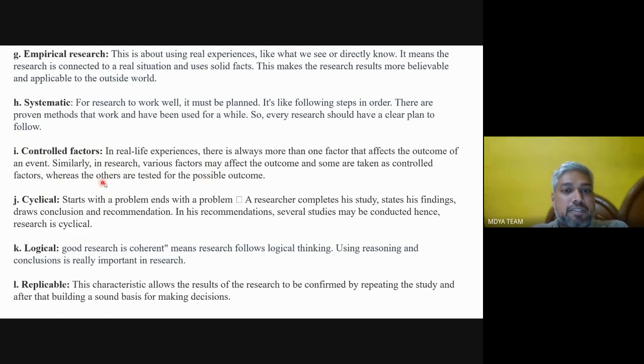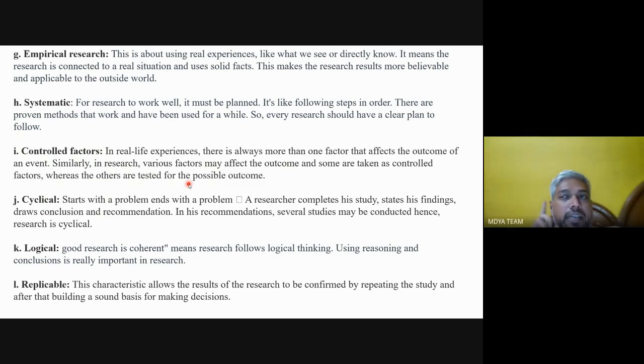And others are tested for the possible outcome, where we take other factors also to get our outcomes in a research. You have taken the independent variable and the dependent variable. These are the two control factors, meaning you have control on them from the point of view of research.